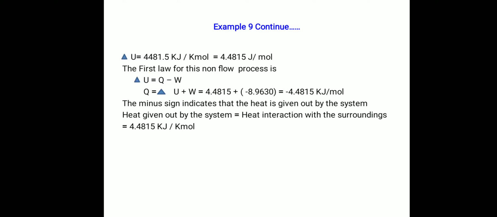Putting these values of delta U and W, we get the value of Q, that is minus 4.4815 kilojoules per kilomole. Here the minus sign indicates that heat is rejected, or heat is given out by the system, and the magnitude is 4.4815 kilojoules per kilomole.